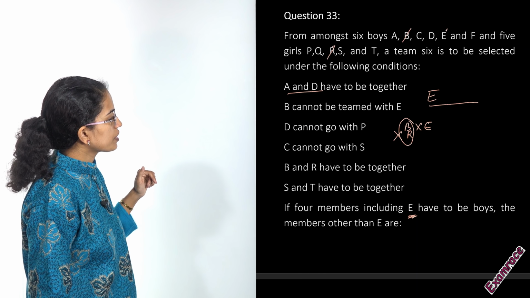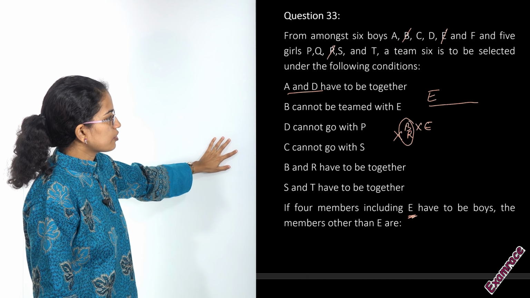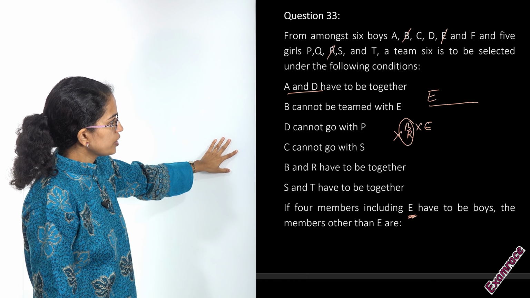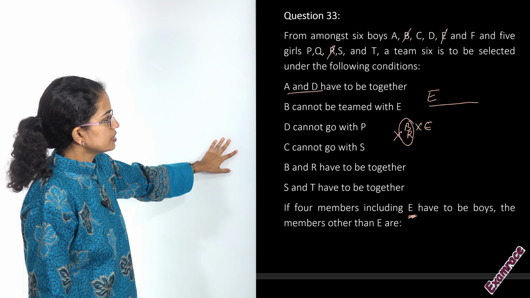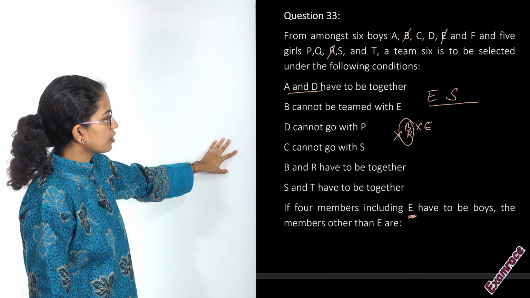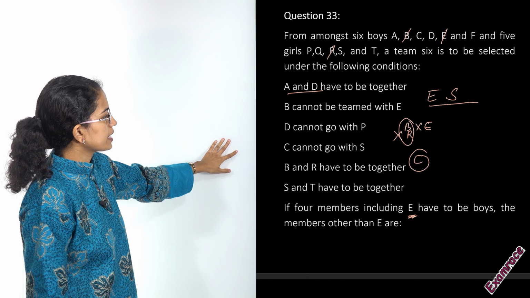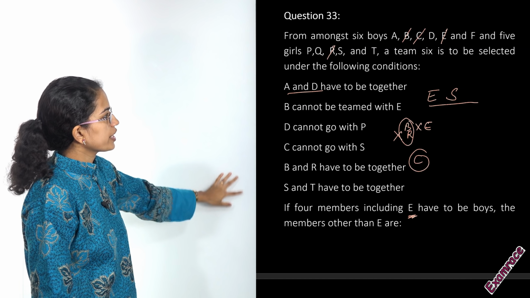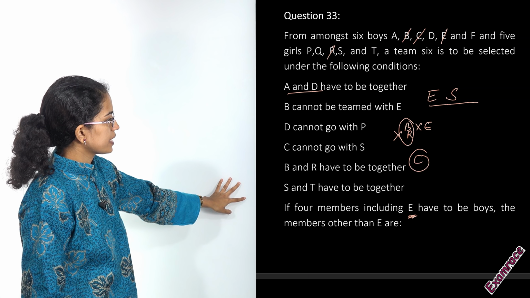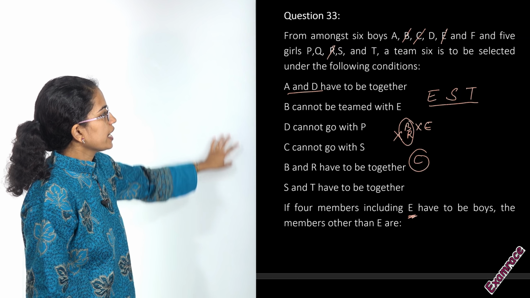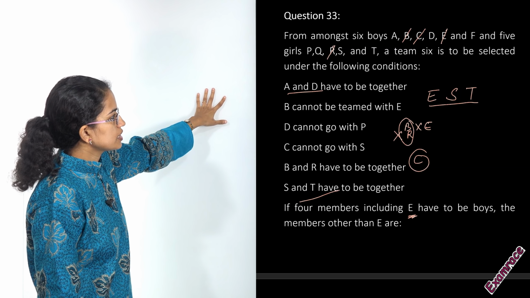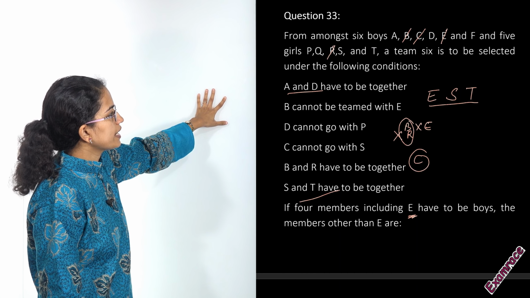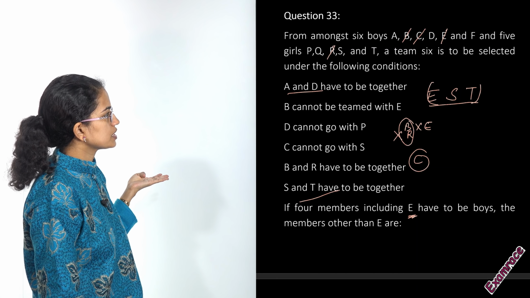From the remaining, who would be part of his team? C cannot go with S. So let's say if S is going with him, C would remain out. So C is not part of the team. If S is going, T would go from the last statement. S and T go together. So these 3 are going. Now what would be left? He needs 5 people for his team.